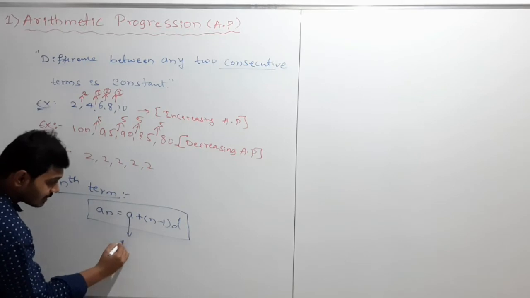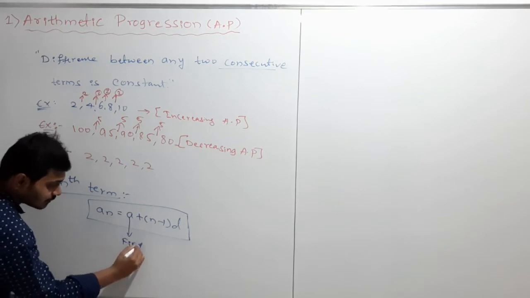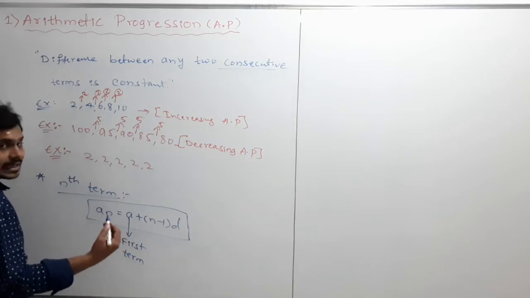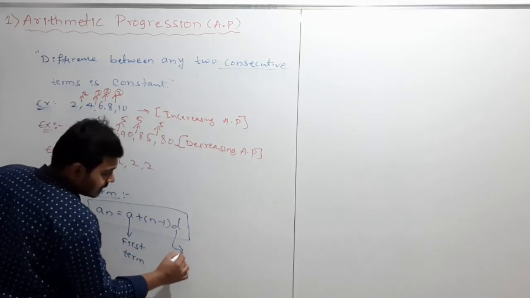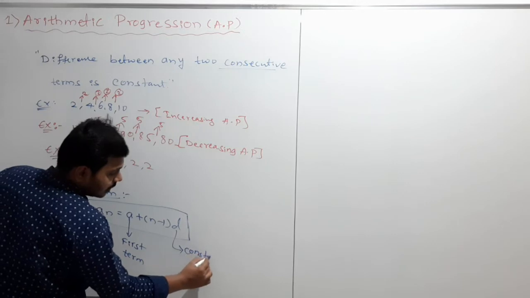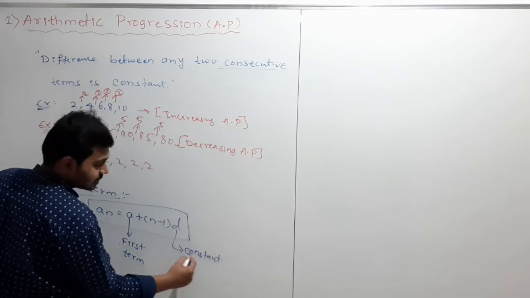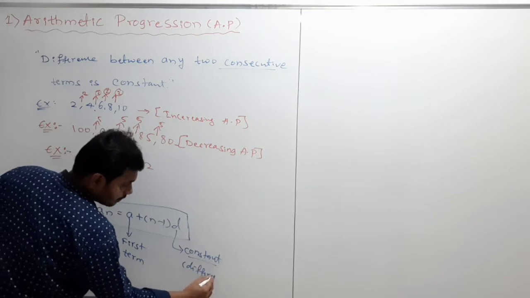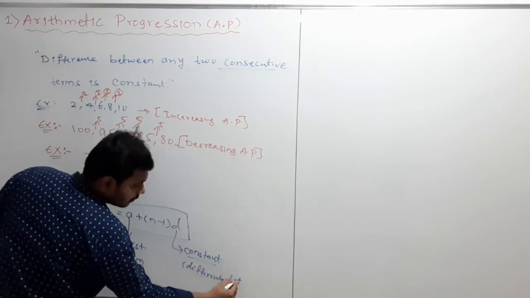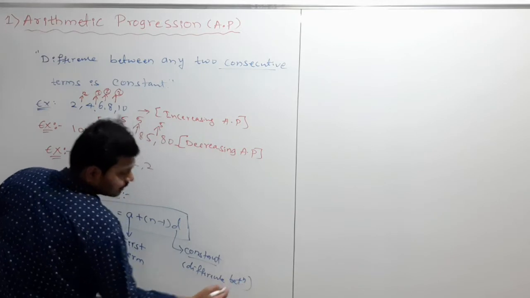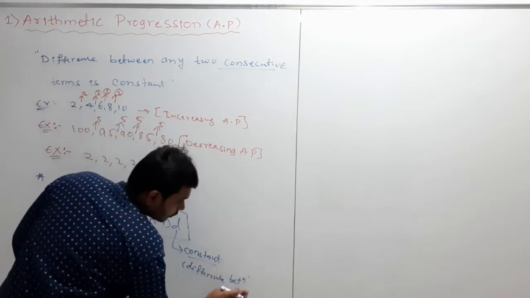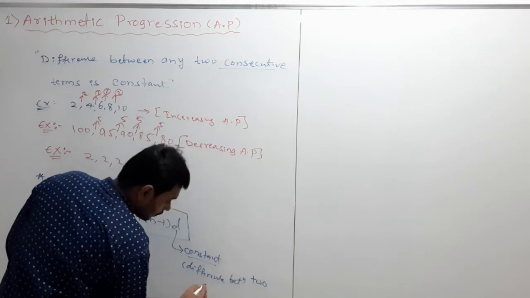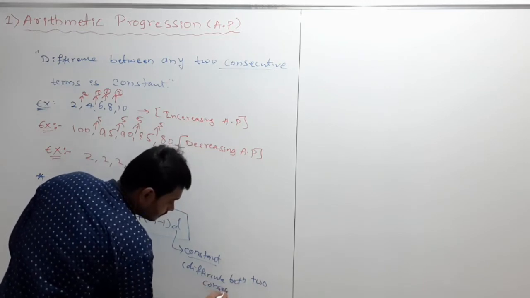a is nothing but the first term of the sequence. n means the nth term, and d is nothing but the constant, or the difference between any two consecutive numbers.